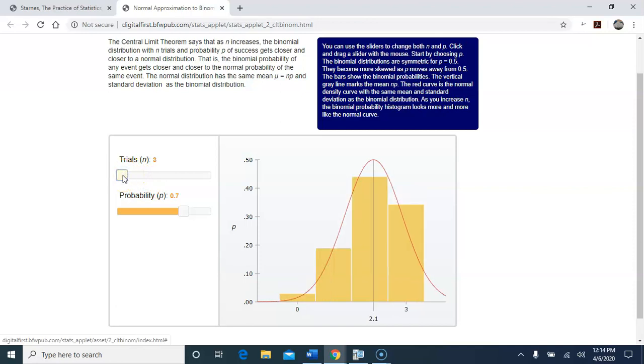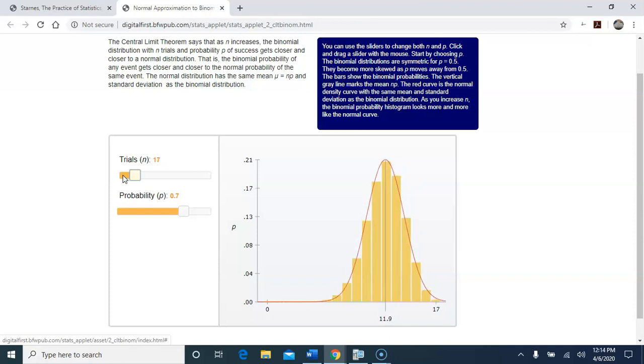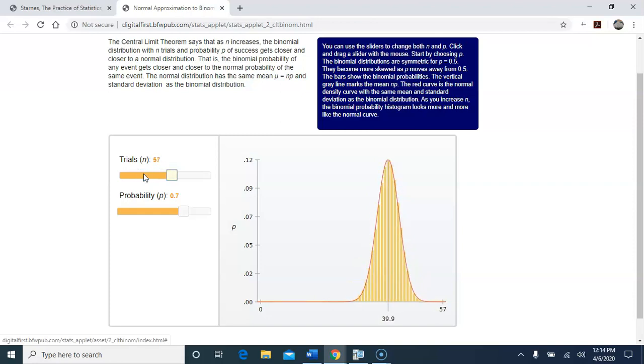But if the sample size increases, and it doesn't really have to increase to 30 necessarily, as the sample size increases, the distribution of the probability of binomial outcomes starts looking more normal. And we can really jack the sample size up, and those histogram bars start looking more and more normal.